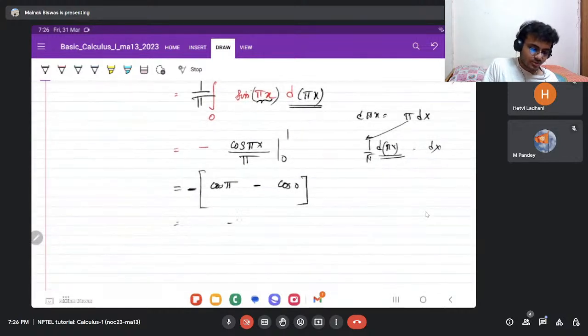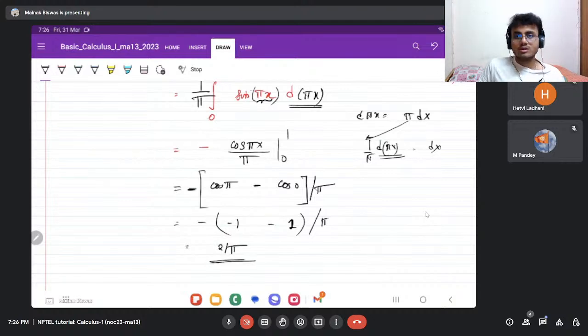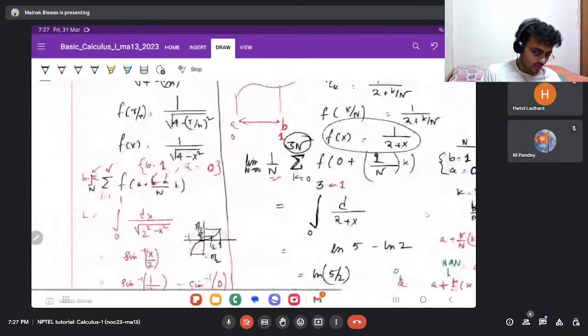Cos pi is minus 1, cos 0 is 1, right? Agreed? So it's 2 by pi. Are the steps clear? This is at x equal to 1, this is at x equal to 0. I hope you understand this question as well.